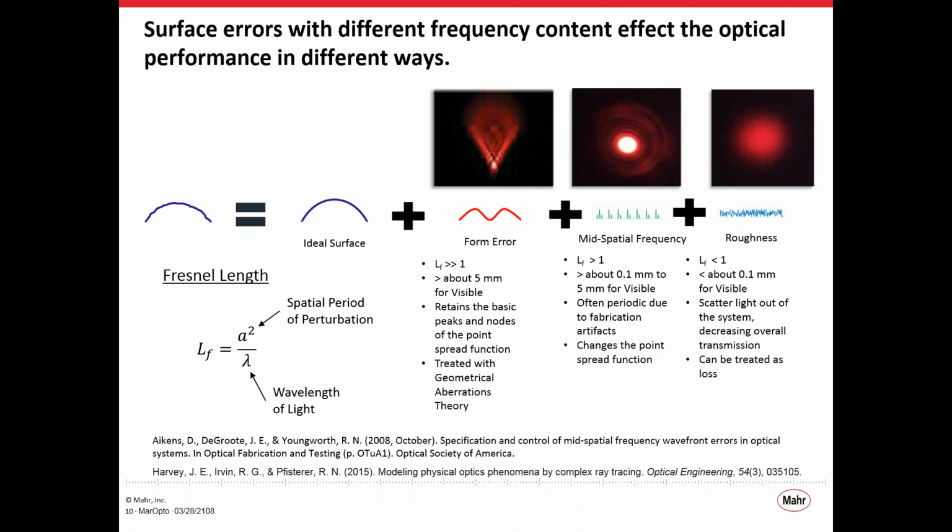So they create peaks in the diffraction of the point spread function that can fall within the pupil and cause significant degradation to the system performance. Unfortunately, as I'll talk about in the next few slides, most of the deterministic generating techniques like MRF and diamond turning, those techniques that are needed to create aspheric and freeform surfaces, leave some kind of error in this mid-spatial frequency regime.